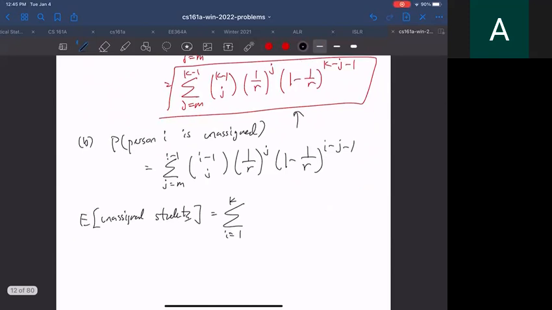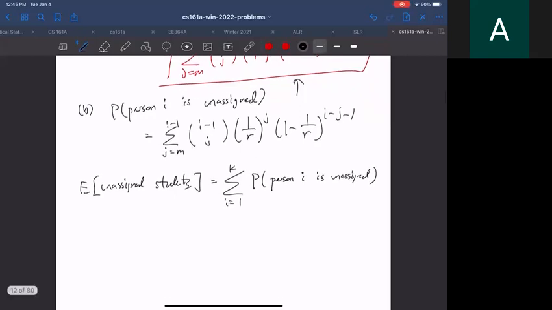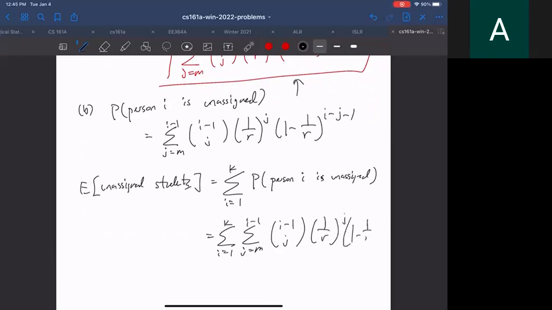And then we can just plug in the probability that person i is unassigned. So that would just be the sum of i equals 1 to k, sum of j equals m to i minus 1 of i minus 1 choose j, 1 over r to the jth power, 1 minus 1 over r to the i minus j minus 1. There's one last thing we have to deal with, and that is this summation.